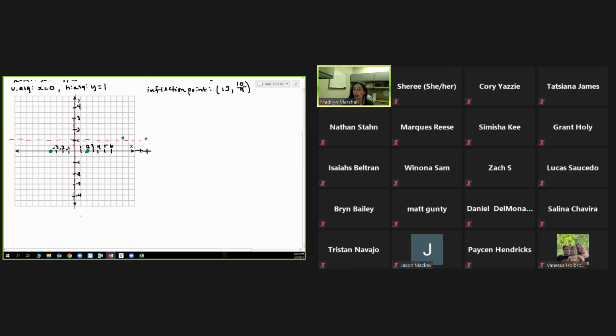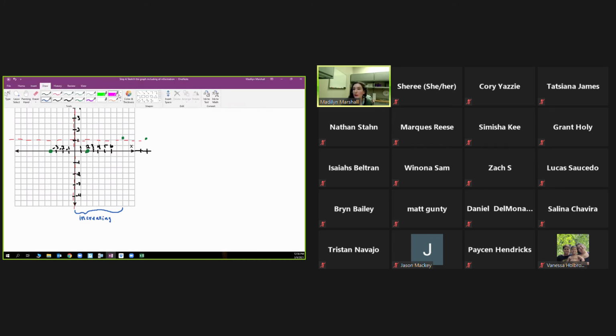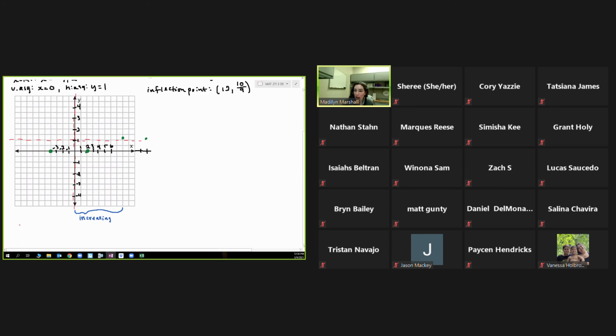So our graph was only increasing from 0 to 8. That's what we found in step 2. And it was decreasing everywhere else. So it's decreasing along here.